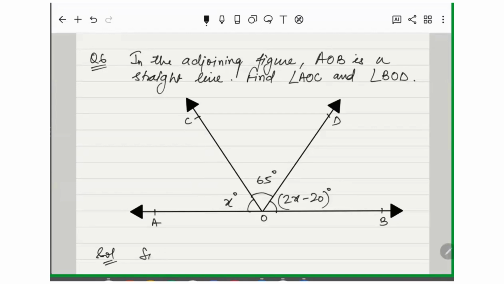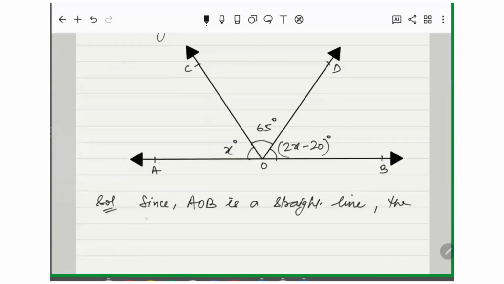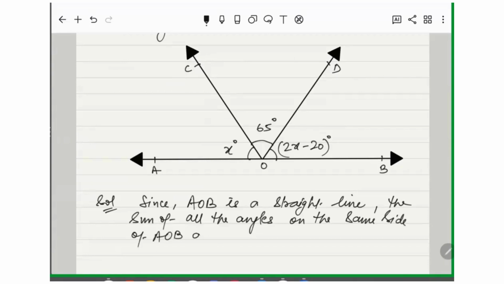So write down: since AOB is a straight line, and the sum of all the angles on the same side of AOB at a point O on it is 180, right?